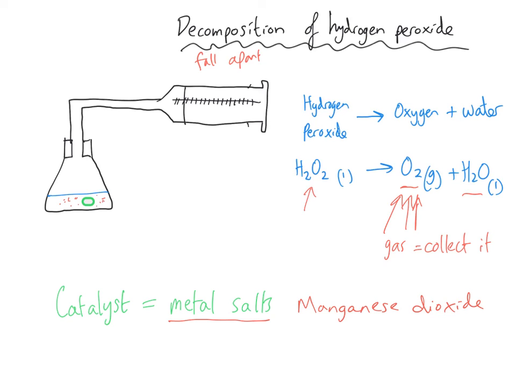We'll get our oxygen gas formed a lot more quickly, and the oxygen will move on through this delivery tube and collect in the gas syringe that we've already looked at. You could see which catalyst was the best by looking at which metal salt produced oxygen the most quickly with hydrogen peroxide. But you'd have to keep things the same. You'd have to use the same mass each time of the metal salt to see which one was the best.